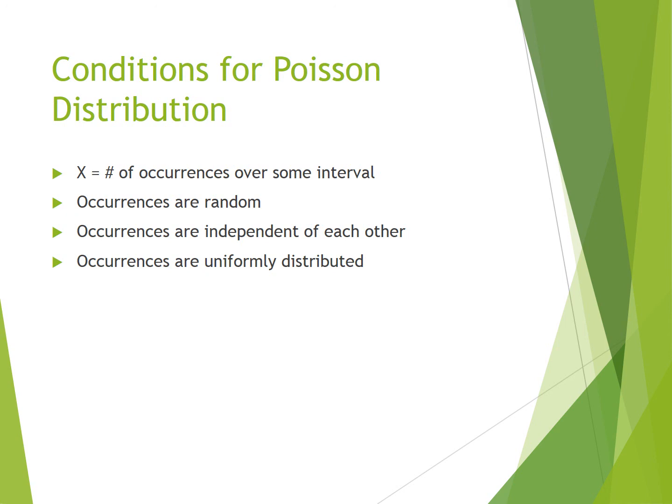So if I'm counting accidents, it cannot be that the second accident is caused by the first accident. Those would be considered one accident. It would be an accident, that accident is cleared away, and then 3 hours later another accident happens. And they're uniformly distributed, which means that it is just as likely to have an accident at 8 o'clock in the morning as it is at 9 o'clock in the morning or 9:30 in the morning, uniformly distributed.